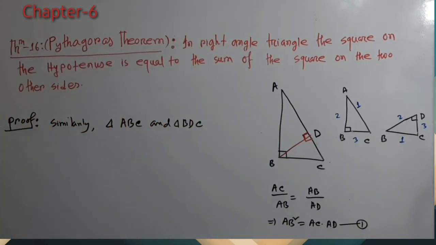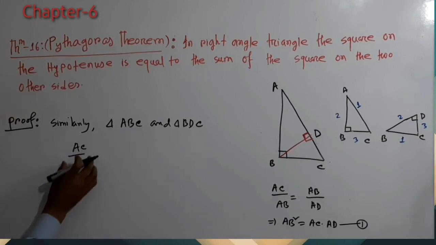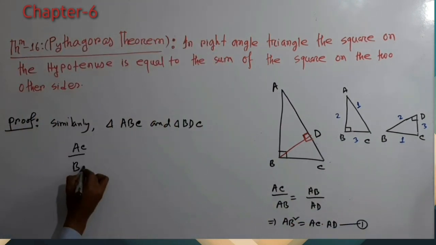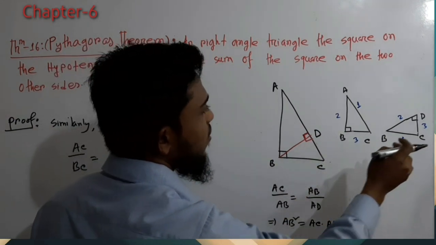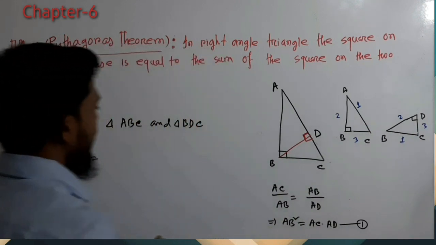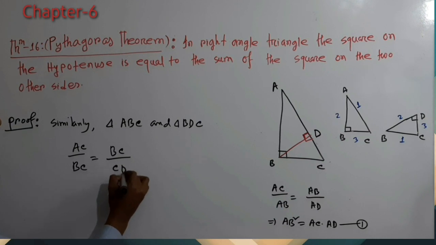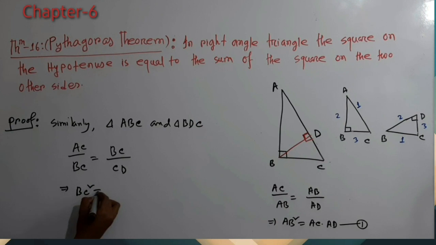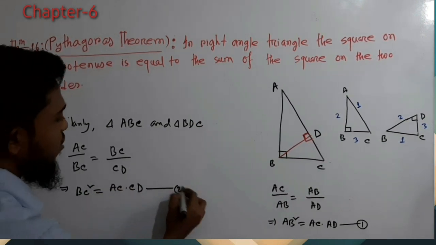According to similarity of triangles, we can write AC divided by BC is equal to the third side divided by the third side, so BC divided by CD. According to cross multiplication, BC square is equal to AC into CD. This is our second equation.